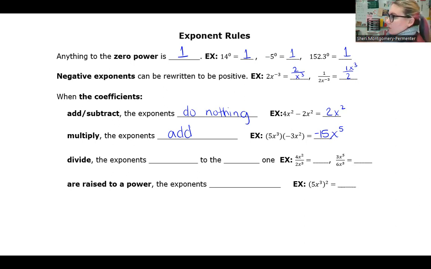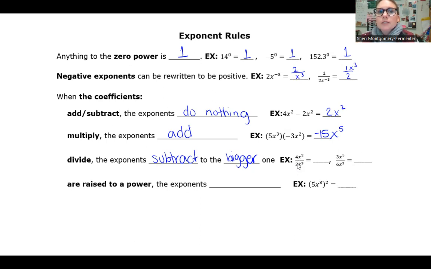When you divide, what do you think we're going to do? Subtract, good. And more specifically, we're going to subtract to the bigger one. And that'll make sense once we do the example. So when I look at my coefficients, I have a 4 and a 2.